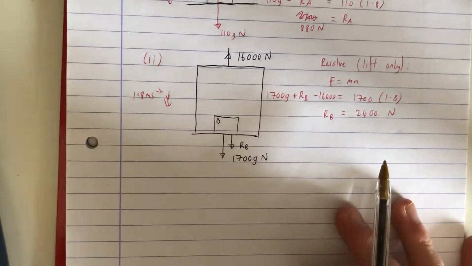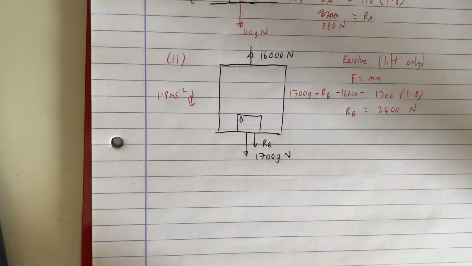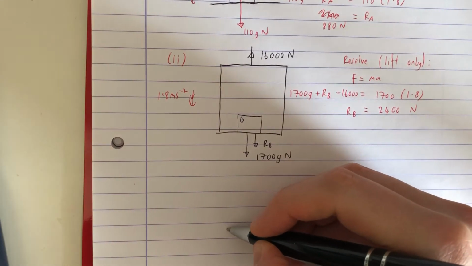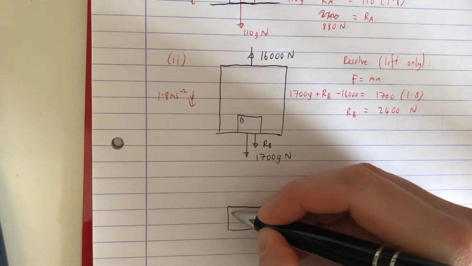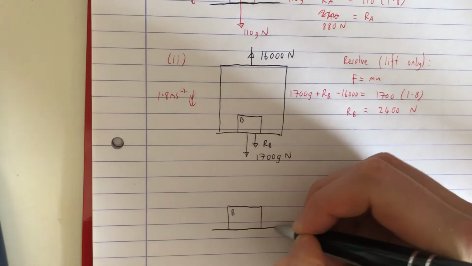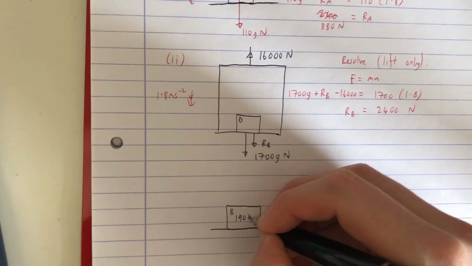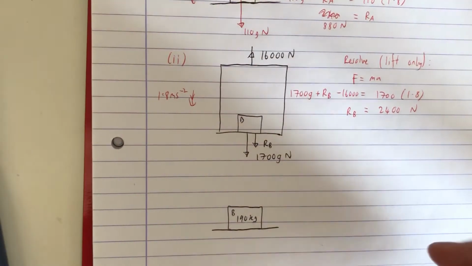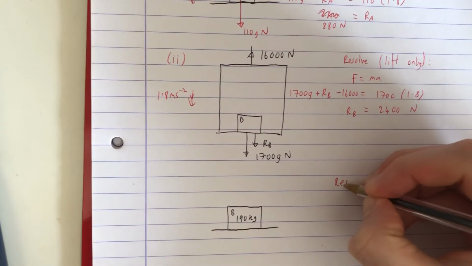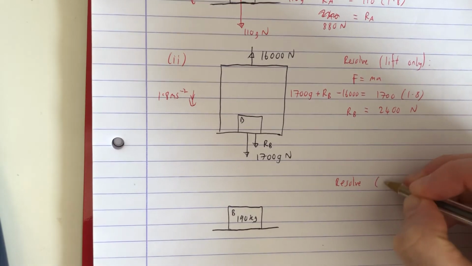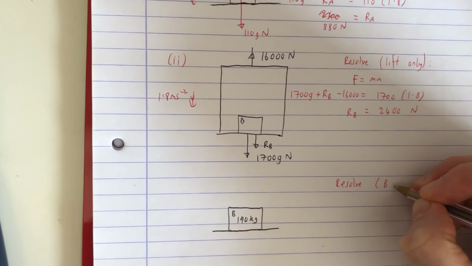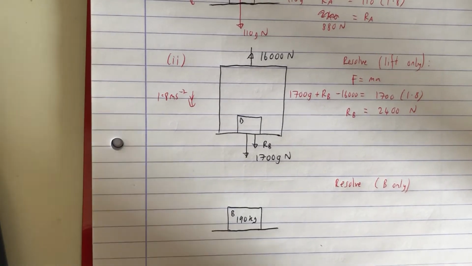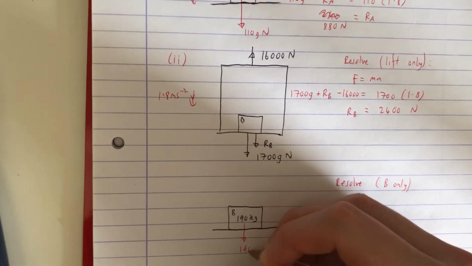The alternative is to consider object B only. Just resolve object B. Forces acting on object B. It has weight.